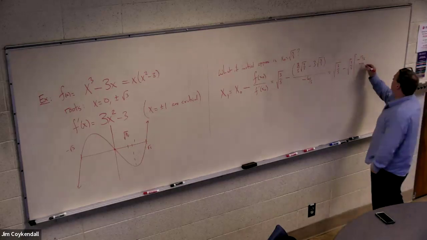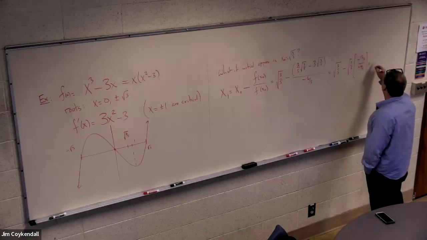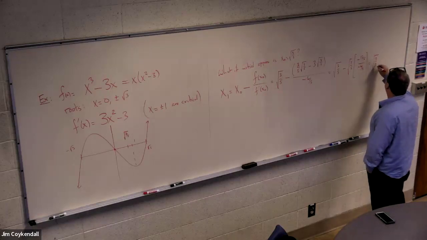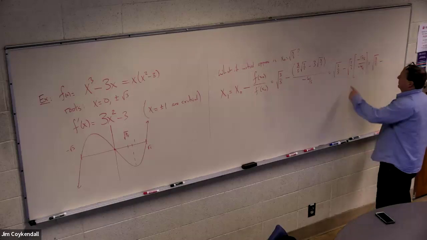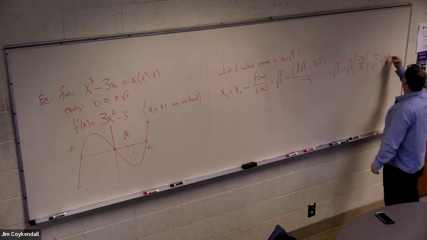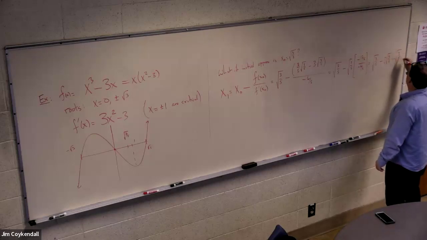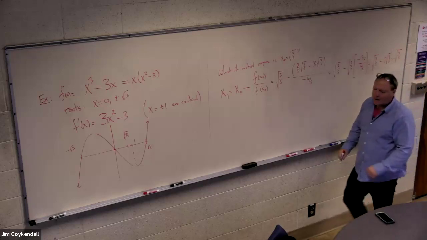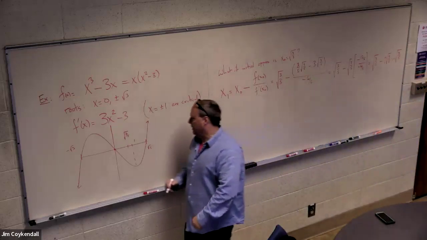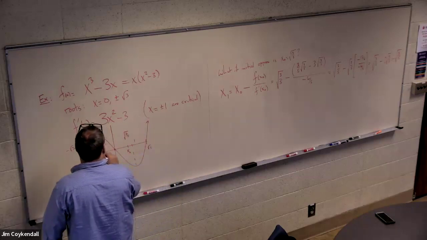Minus 6/5. So this is the square root of 3/5 minus, that's going to be a 2. So the second approximation, if this is x0, the second one is exactly the opposite side of this.